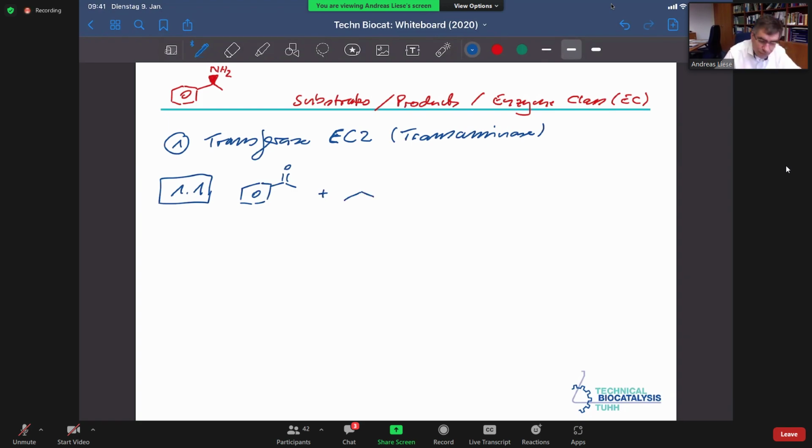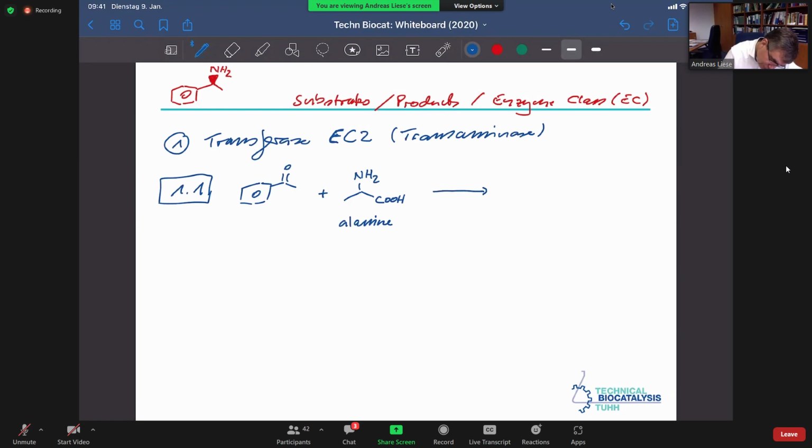So there, for example, we could use isopropylamine, or now I'm just drawing here alanine. These we discussed in this lecture on transferases, transaminases. So this would be alanine, for example. You don't need to write the English name in words.